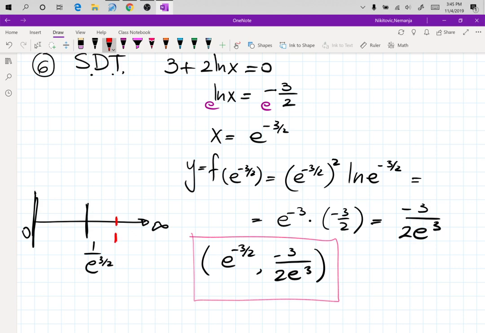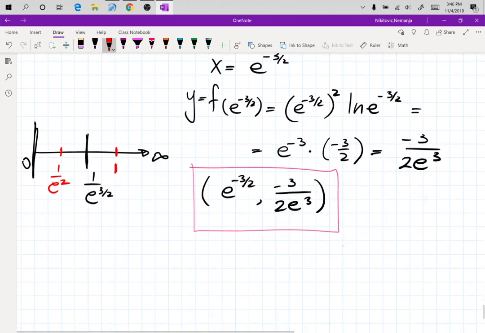So we are picking again the point at 1, and then in here we can use 1 over e squared, because 3/2 is 1.5, and 1.5 is smaller than 2. The larger the denominator, the smaller the overall number, because it's 1 over, right? So 1 over e squared would be the smaller value.